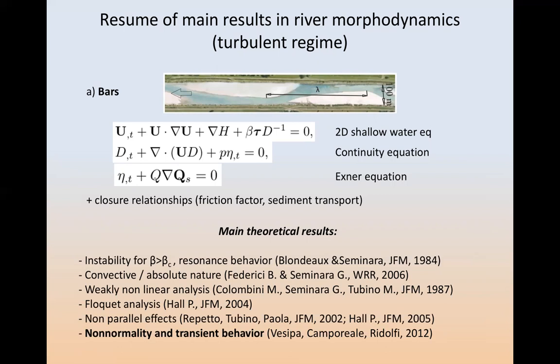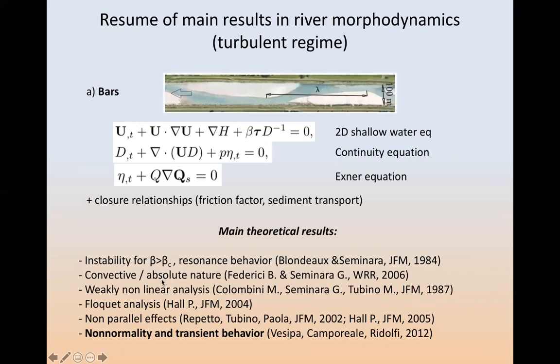So shallow water equation, but two-dimensional shallow water equation. So this slide is a sort of generalization to 2D of the previous one. Again, coupled with continuity equation and the Exner equation, plus of course closure relationships. And we have very well established theoretical results, which start from the study of an instability, the linear instability.